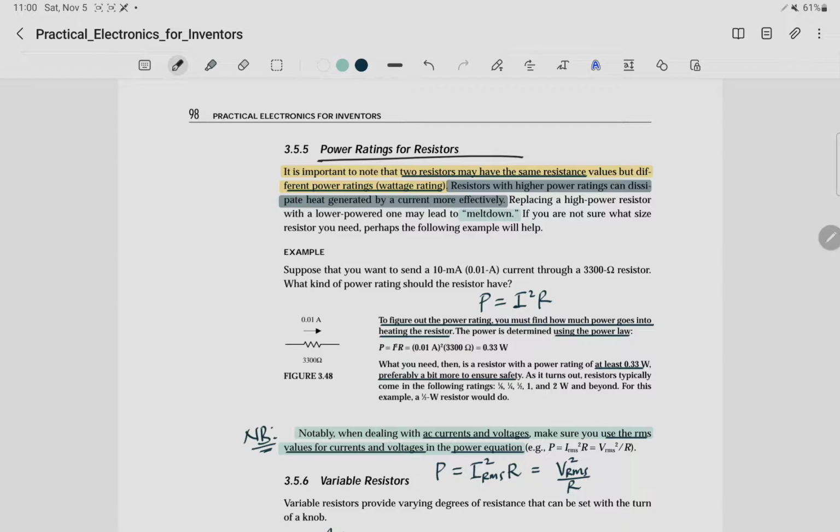So if you replaced your resistor which had a higher power rating with one that had a lower power rating, what would occur is called a meltdown. Your resistor will just burn up because it's not able to dissipate the heat as well as the previous resistor that had a higher power rating.